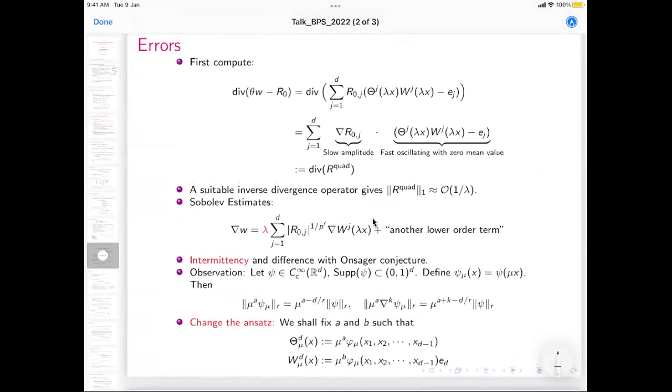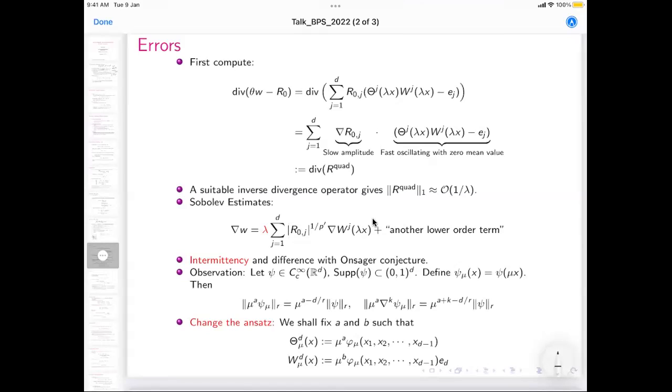And the beauty of this: now if divergence hits this guy, one has to make sure that divergence should not hit the first guys, because then this will pick up a lambda, which is not good, right? Lambda is large. But this is not the case thanks to the fact that this is a divergence. So divergence will only hit the slow guy, you will get a gradient. And so you are getting a slow guy times a fast guy whose mean is 0. Correct? It's a product of these two.